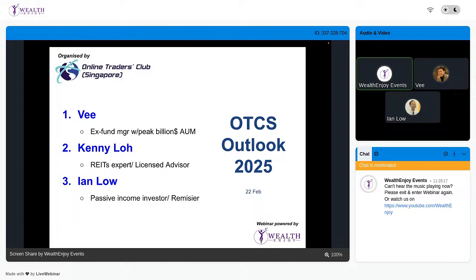Second will be Mr. Kenny Low, who is a risk expert and a licensed advisor. And third, Mr. Ian Low, who himself is a passive income investor as well as a remisier. So I hope this lineup will give you some ideas and guidance into what we can do under the Trump 2.0 economy.